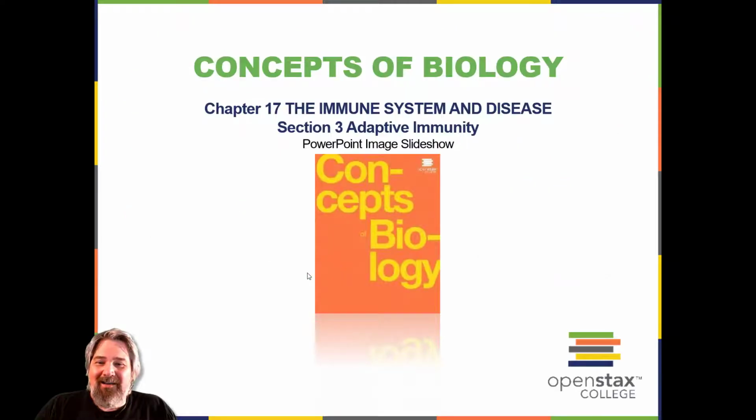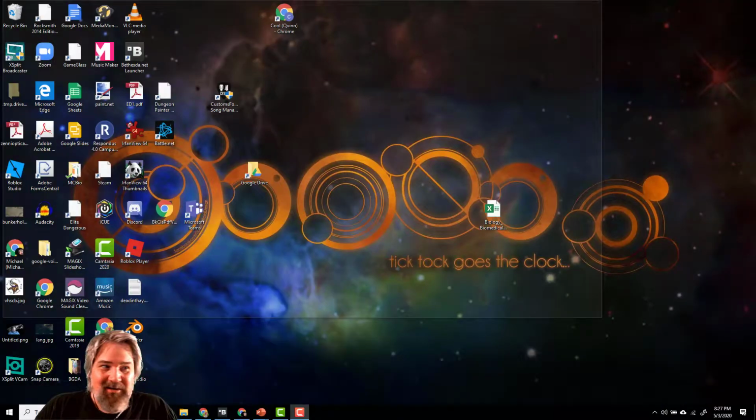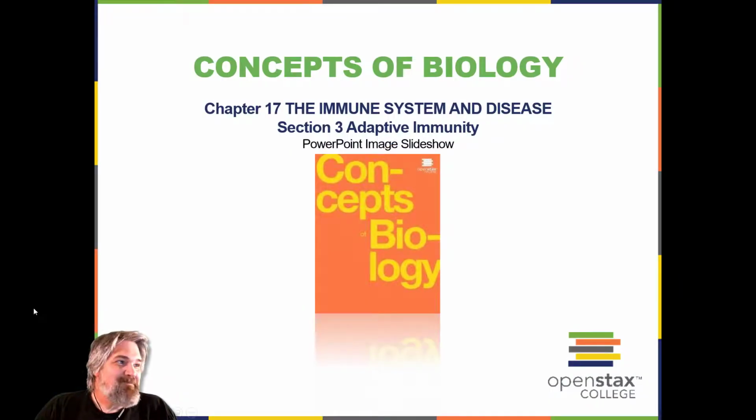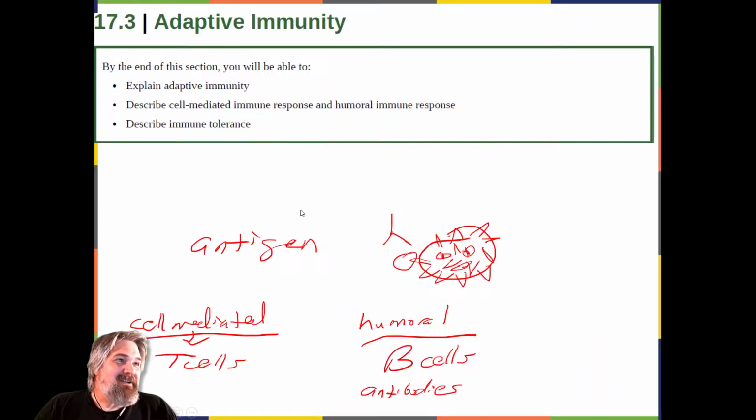So now we're going to move on, and I'm going to describe adaptive immunity. And now I can pull up this other thing with the notes. Adaptive immunity. Anyway, by the end of the section, you should be able to have something to say about adaptive immunity and maybe describe the cell-mediated immune response and humoral immune response and describe immune tolerance.